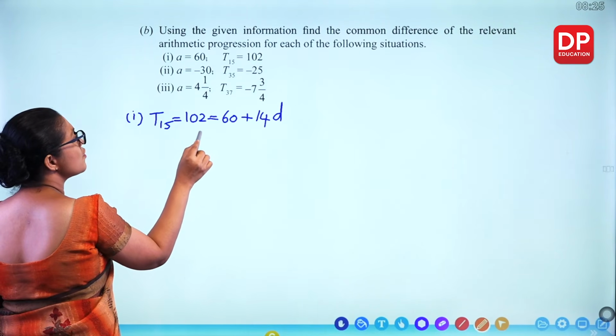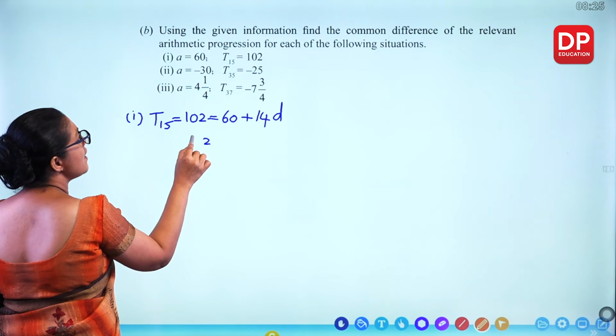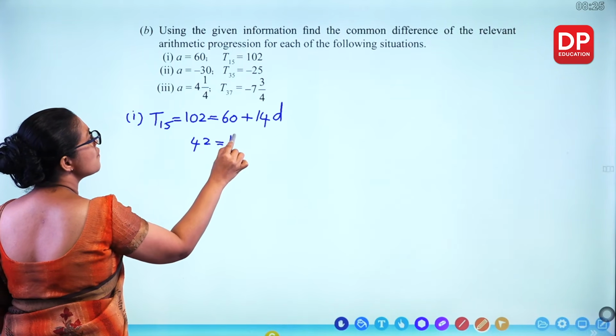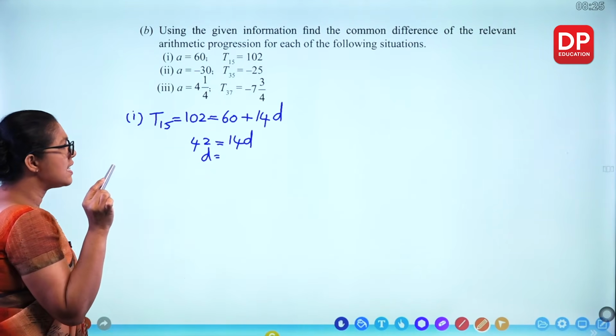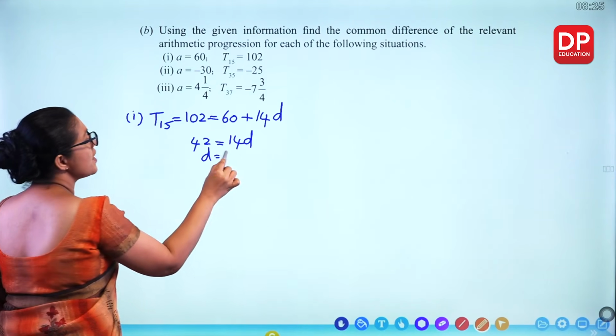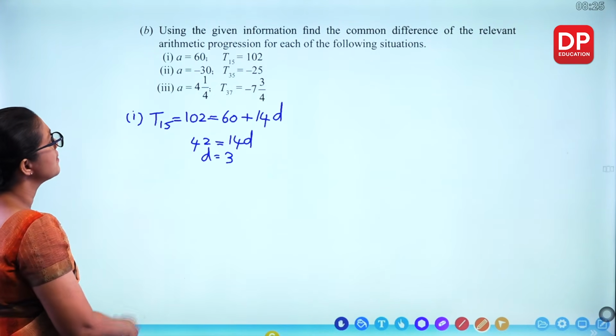When you take 60 to this side, you get 42 equals 14D. So D equals, divide by 14, you get 3. D is 3 for the first part.